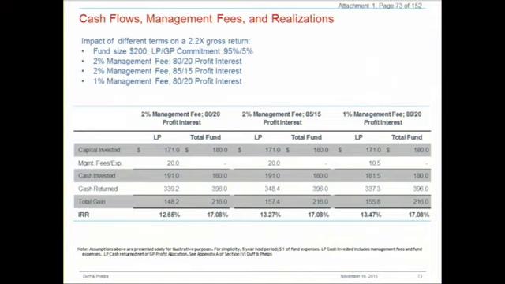There are 3 different scenarios presented here, and some of the math that supports these calculations is included in the appendix if we want to go there. The first scenario is a 2% management fee, an 80-20 profit interest allocation. As you flow that through the waterfall, the fund size we said was 200.